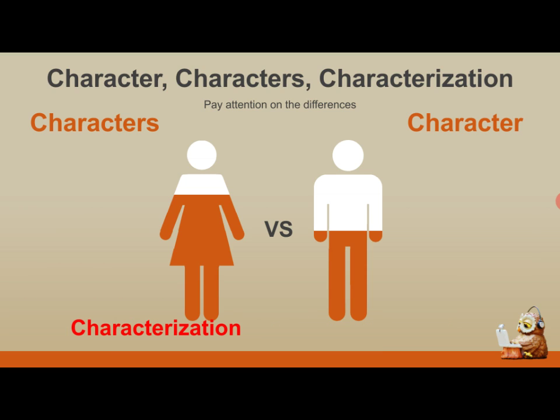Now, from the characters, as tokoh, we have main characters. Sometimes it is just one main character, or it could be more than one, two or more main characters, and then we have secondary characters.